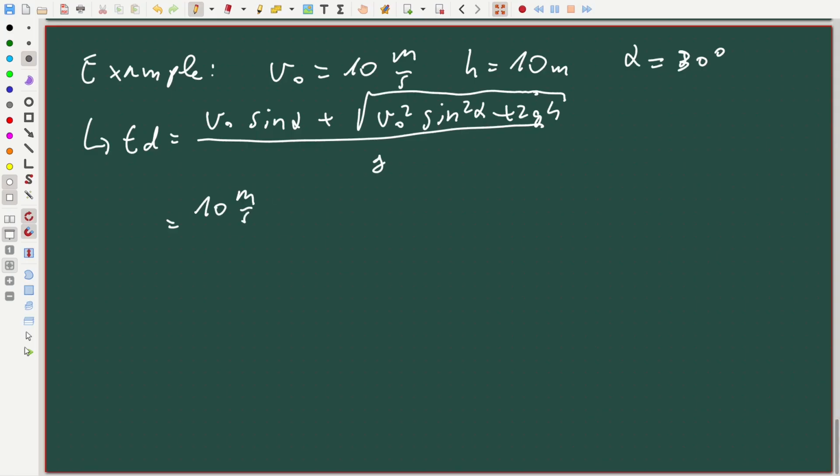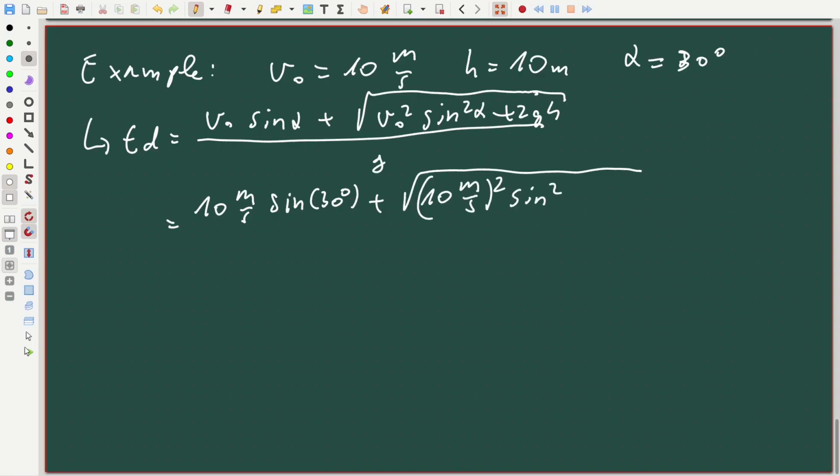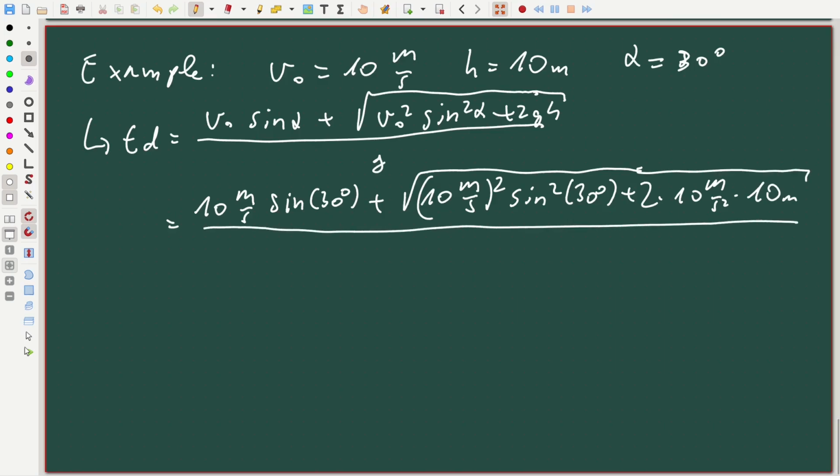V0 is 10 meter per second, sine of 30 degrees, plus the square root of 10 meter per second squared, times sine squared of 30 degrees, plus 2 times 10 meter per square second times 10 meter for the height, and then all this has to be divided by 10 meter per square second.